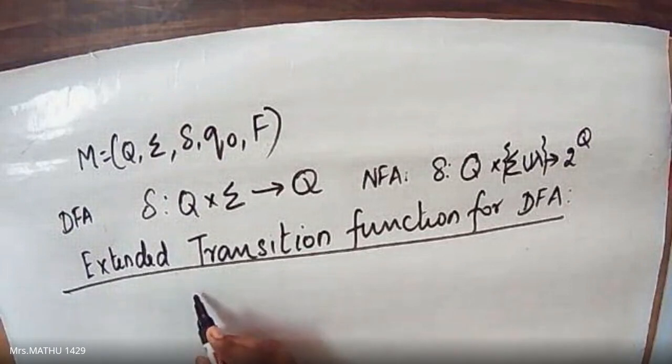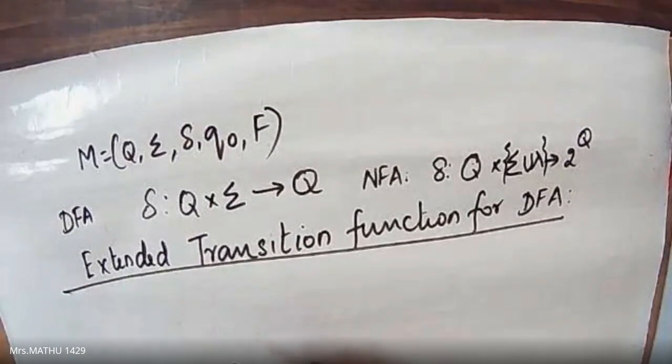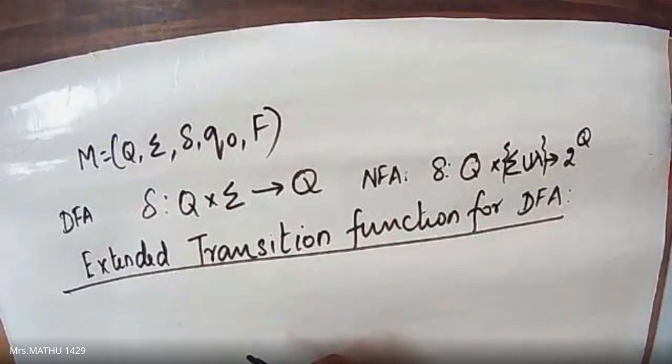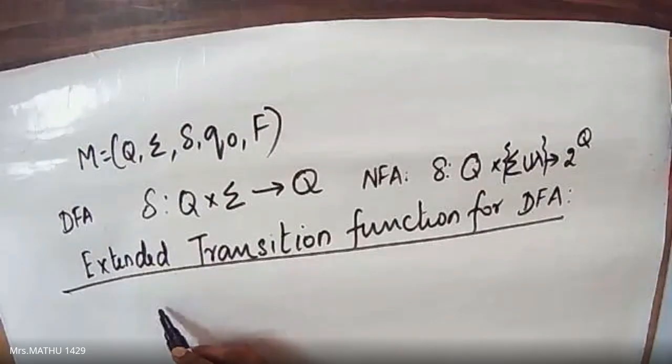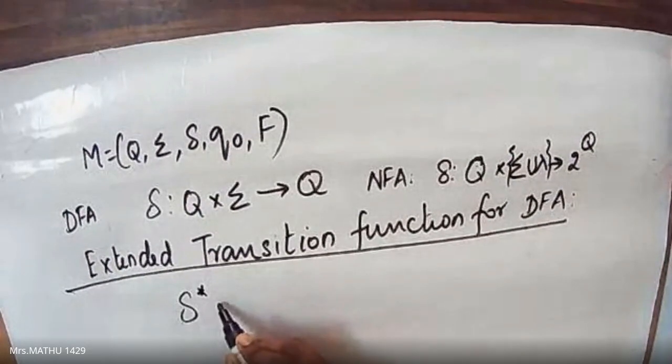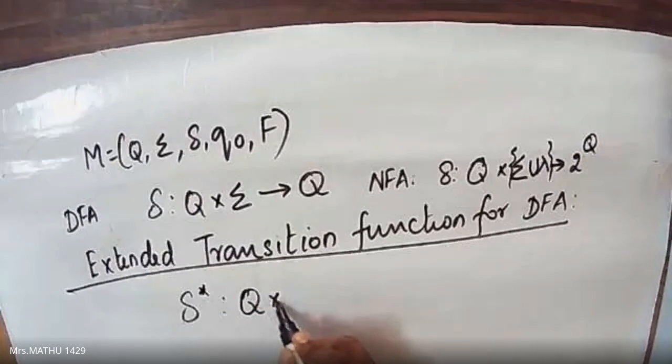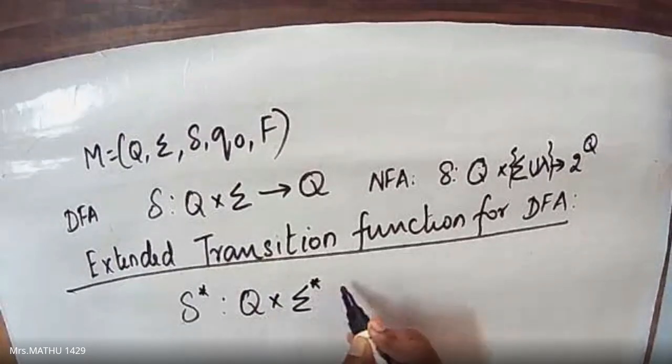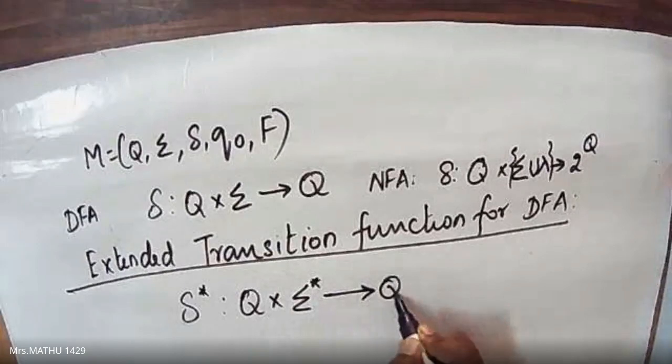So how this extended transition function is defined is, am I audible clearly? Yes or no? Am I audible? Yes, ma'am. Okay. So the extended transition function is defined as delta star, Q into sigma star gives Q.